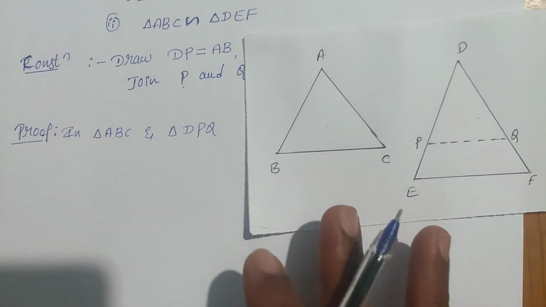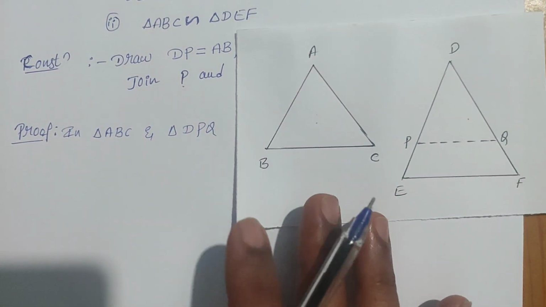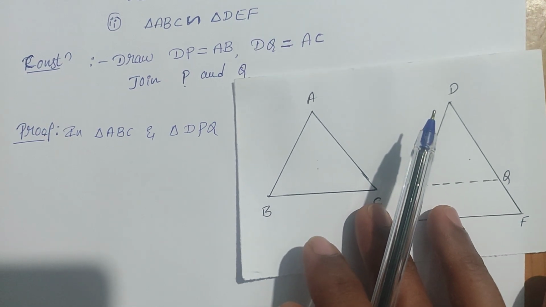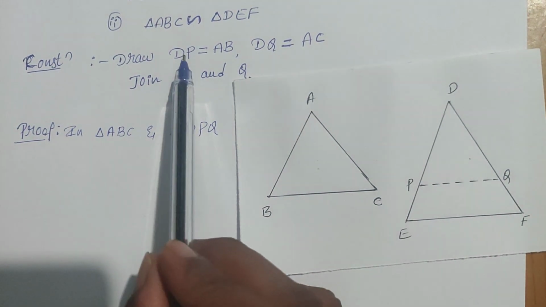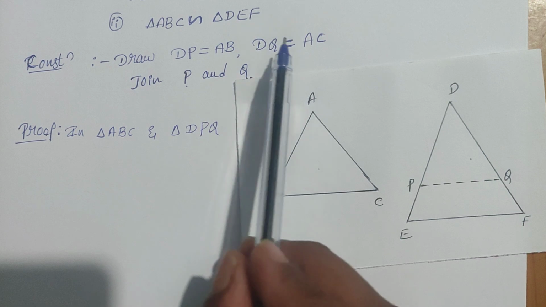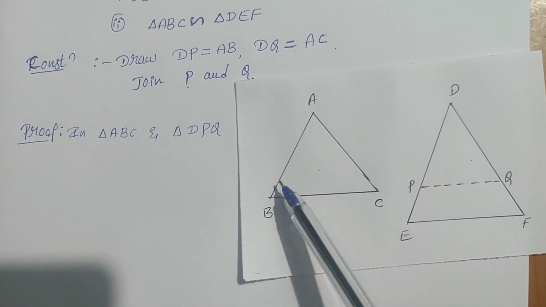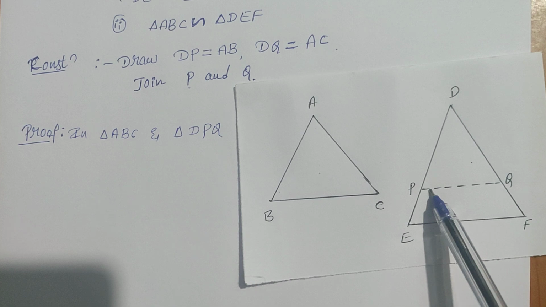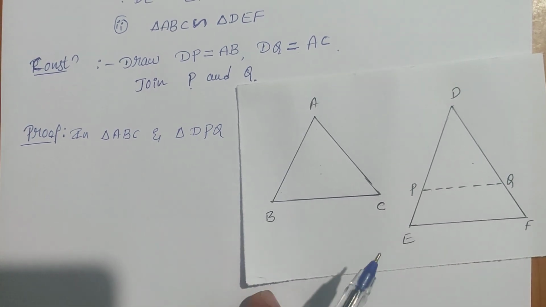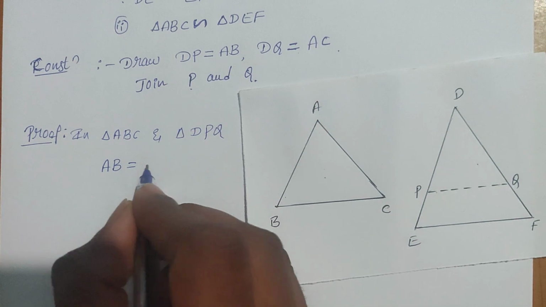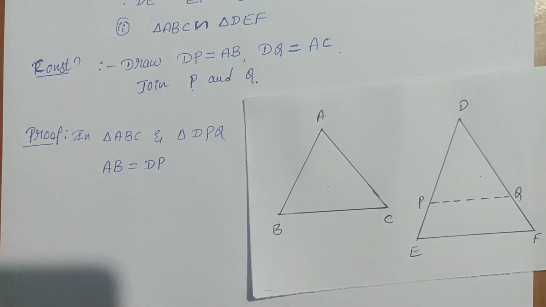In the construction we have drawn DP equal to AB and DQ equal to AC, which means the length of AB and the length of DP are equal. That is, AB is equal to DP.